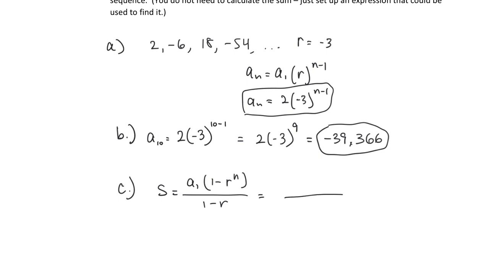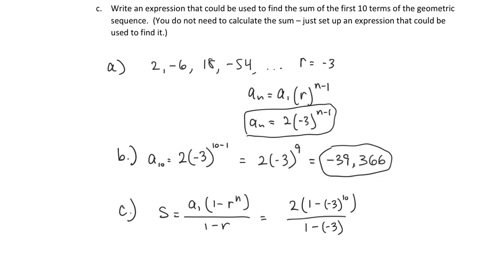So the sum here would be 2 times 1 minus negative 3 to the 10th power, over 1 minus negative 3. Now it says in part C, write an expression that could be used to find the sum of the first 10 terms. You do not need to calculate the sum, just set up an expression. So this is the expression we would use. I said you don't need to calculate it, just set up the expression.